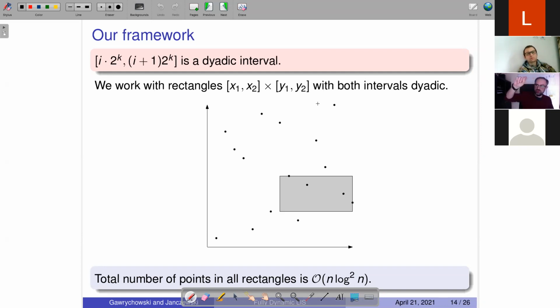So overall, each point is inserted into log squared subproblems. In particular, the number of subproblems is only n log squared, and the total size is small. For each of such non-empty rectangles, we will maintain some structure. It will not be a recursive structure, just some structure for each rectangle.